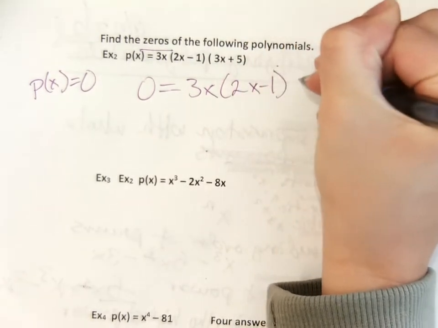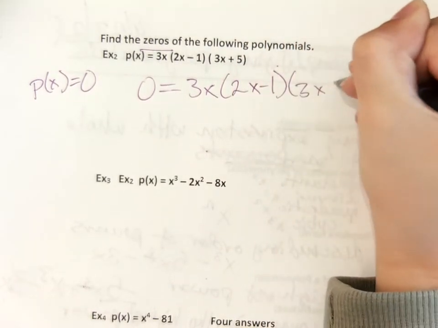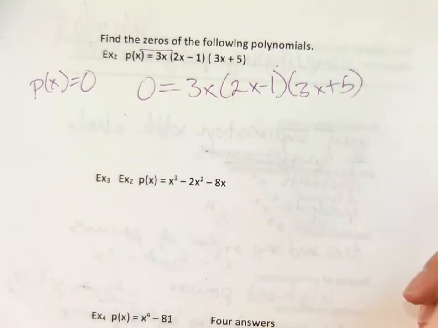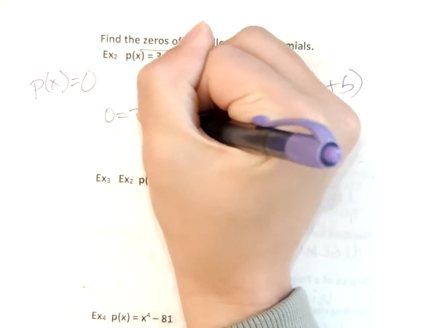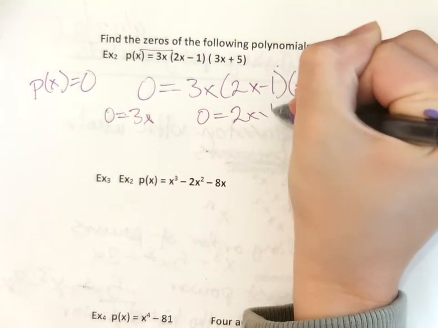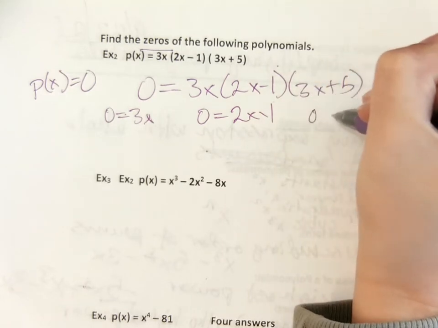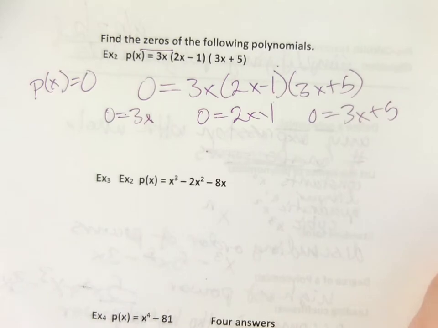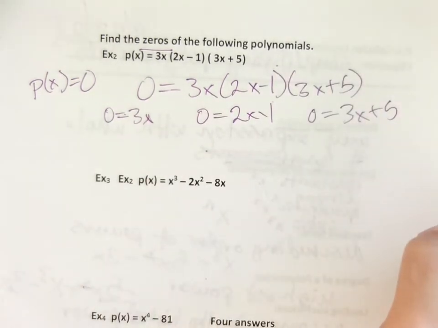It is already factored, right? And when it's factored and equal to 0, you have 0 equals 3x, 0 equals 2x minus 1, and 0 equals 3x plus 5. Very easy. You're doing the exact same thing you've been doing.